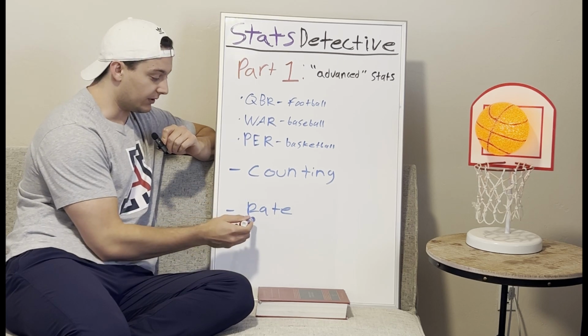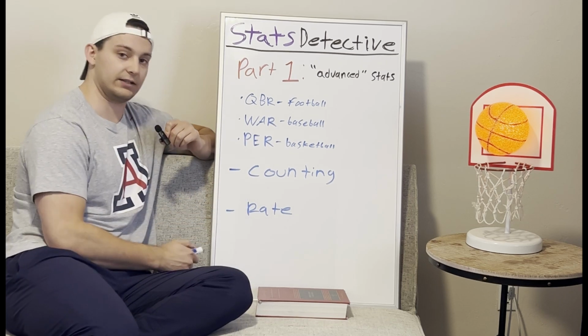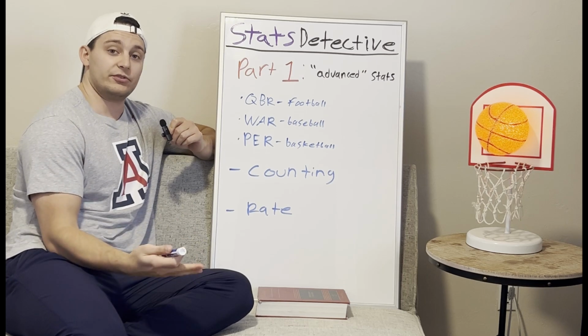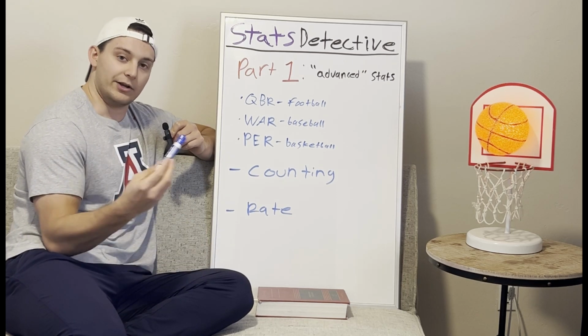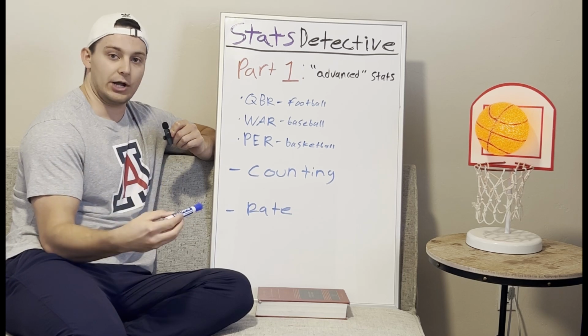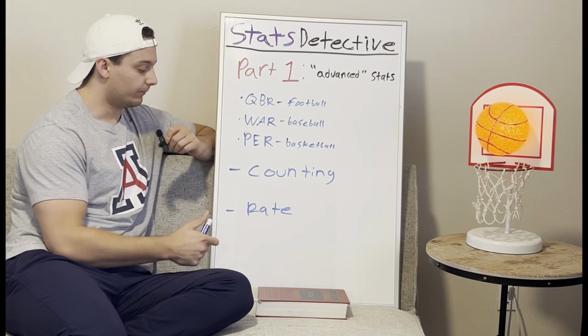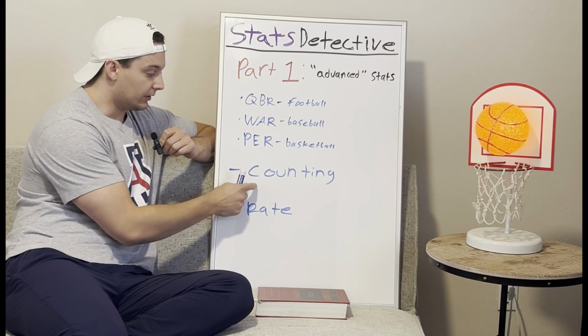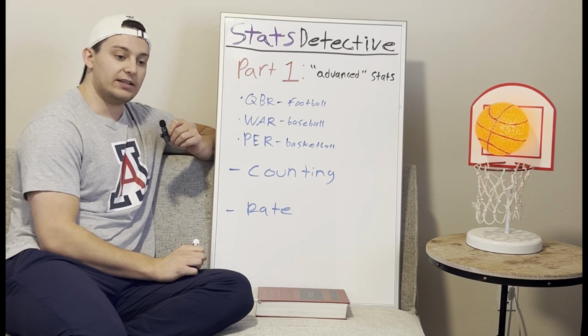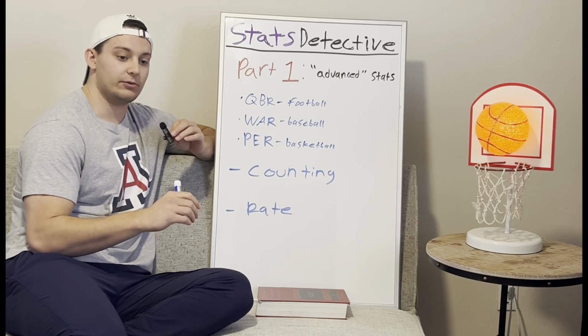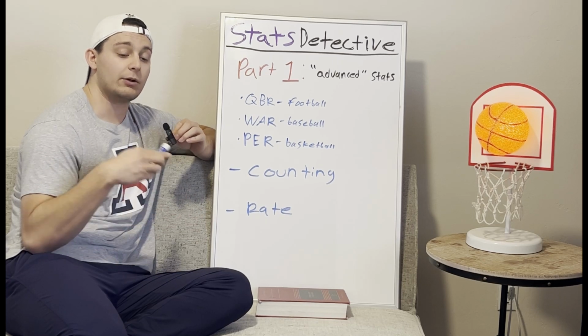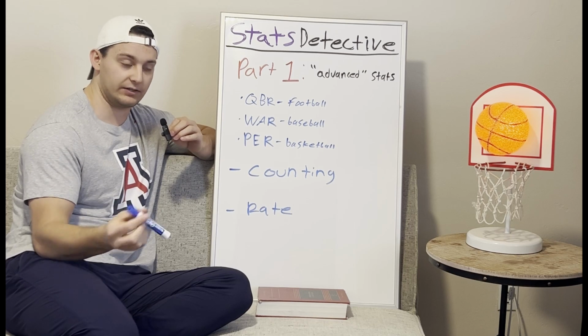You can then further go into a rate stat, so something like field goal percentage in football or basketball is just a counting stat divided by a number of attempts. These are typically good because they tell you exactly what they want to tell you. They don't try to do anything that might introduce a level of bias.